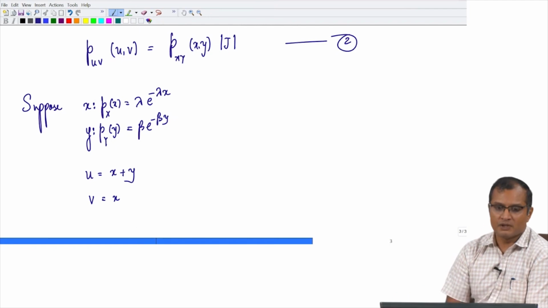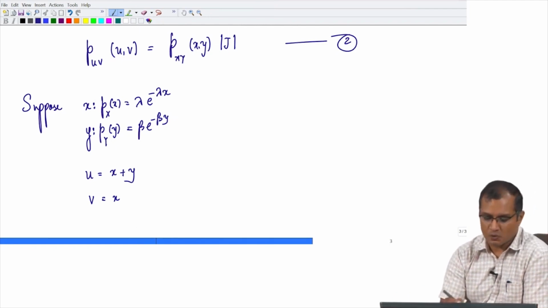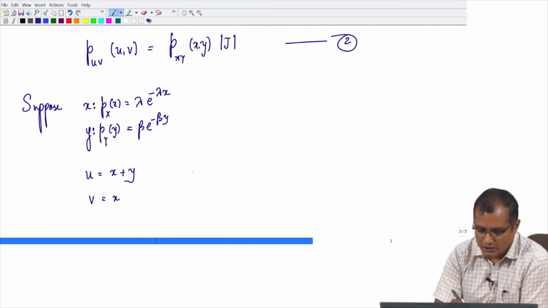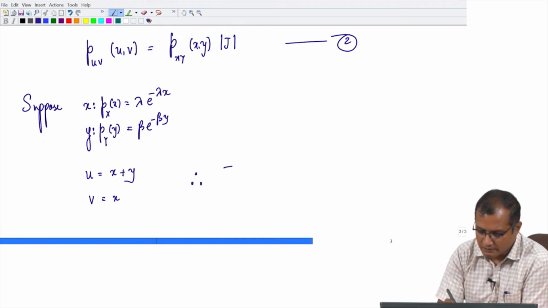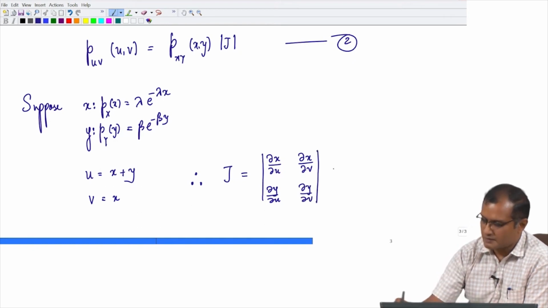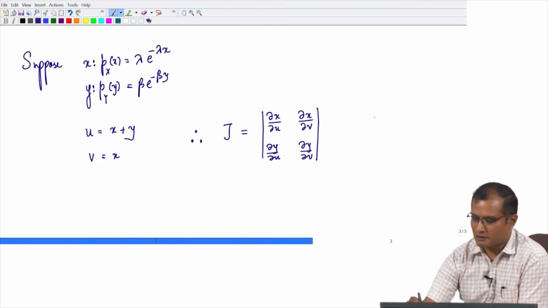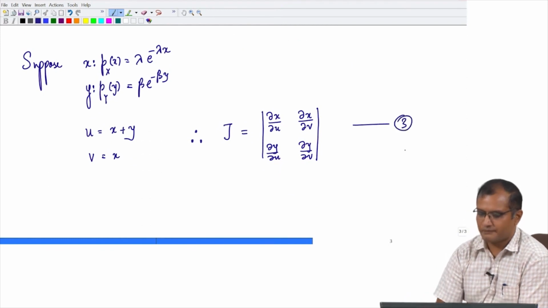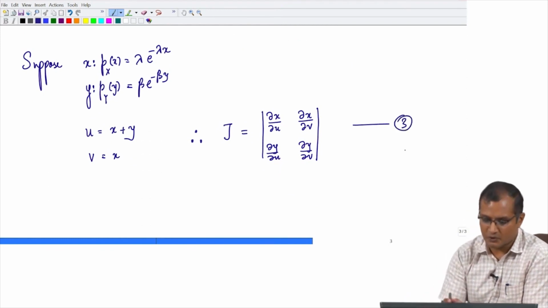So, now let us compute the Jacobian. We have gone from x y to u v. So, therefore, the Jacobian is dx over du, dx over dv, dy over du and dy over dv. Okay. So, we can call this as equation 3 our Jacobian. So, compute all these derivatives.